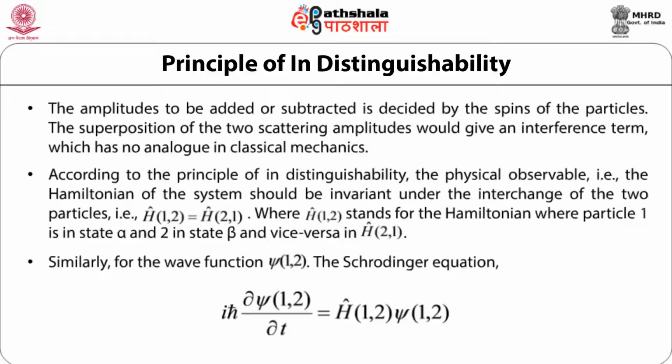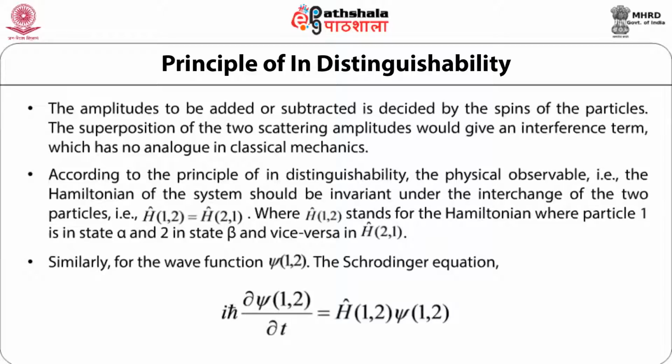So, according to the principle of indistinguishability, the physical observable, that is, the Hamiltonian of the system that is being studied, should be invariant under the interchange of the two particles. Like when we were discussing in the earlier figure, you have two protons, one which is the target, the other which is the projectile.